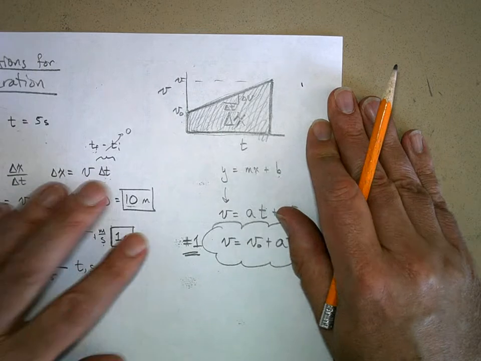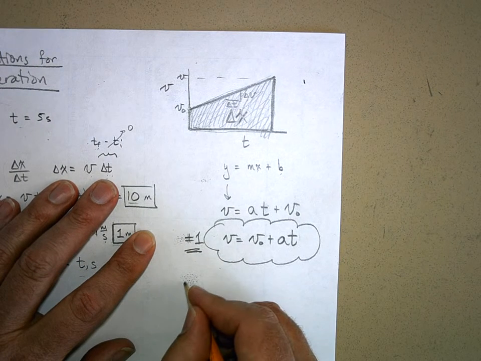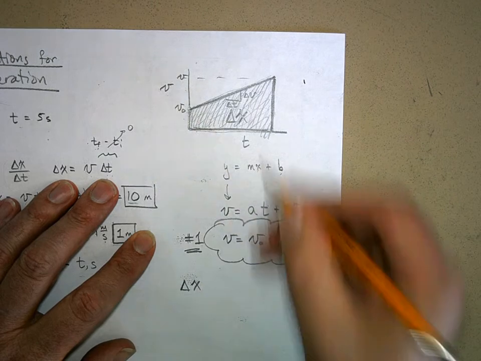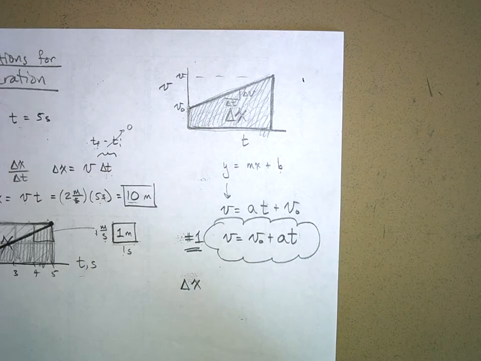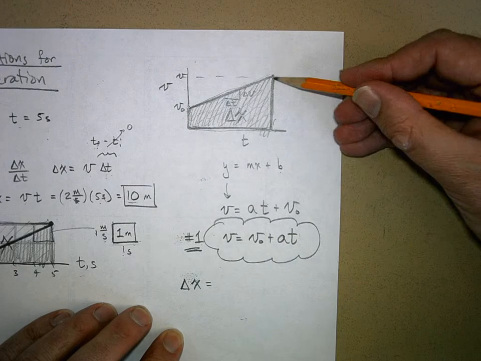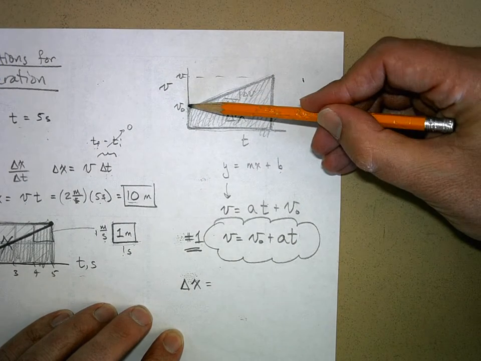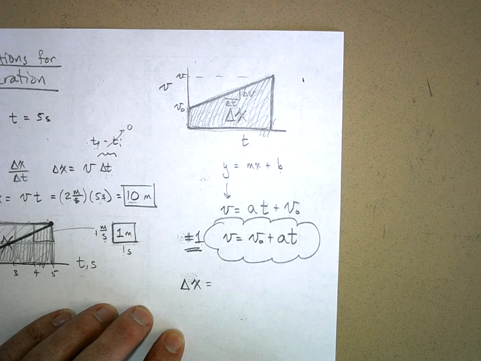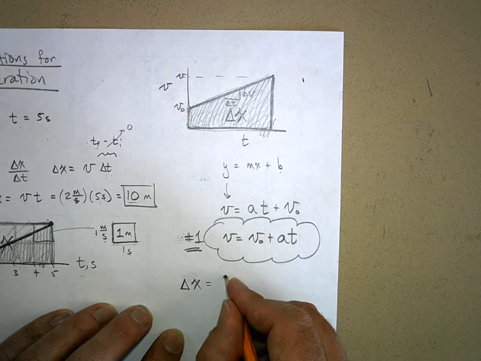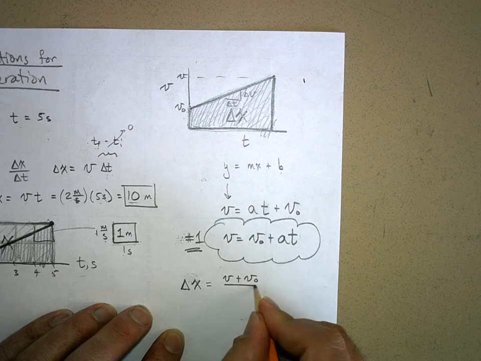All right, so what I can do is say, delta x then is going to be the area underneath this trapezoidal thing, which is the average base. Well, what is it? It's v plus v naught divided by 2, isn't it? So this is going to be v plus v naught divided by 2.